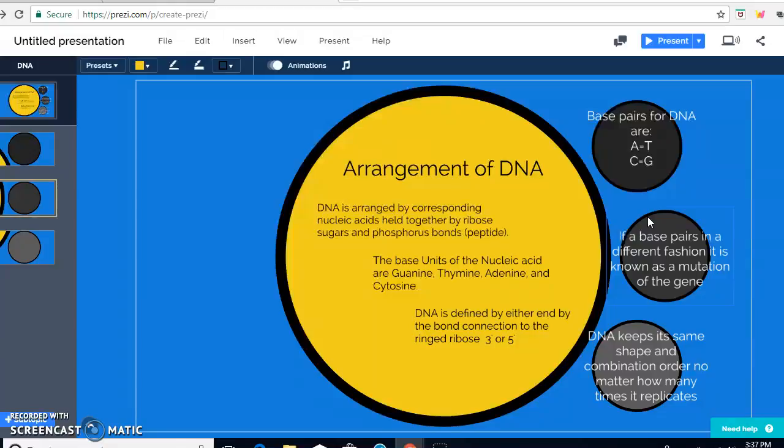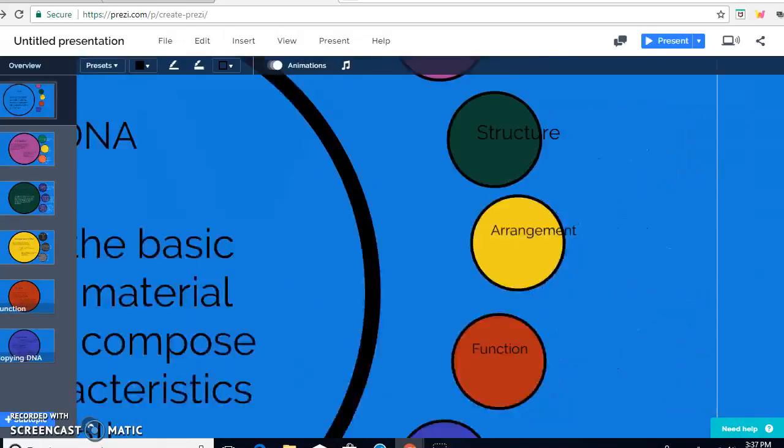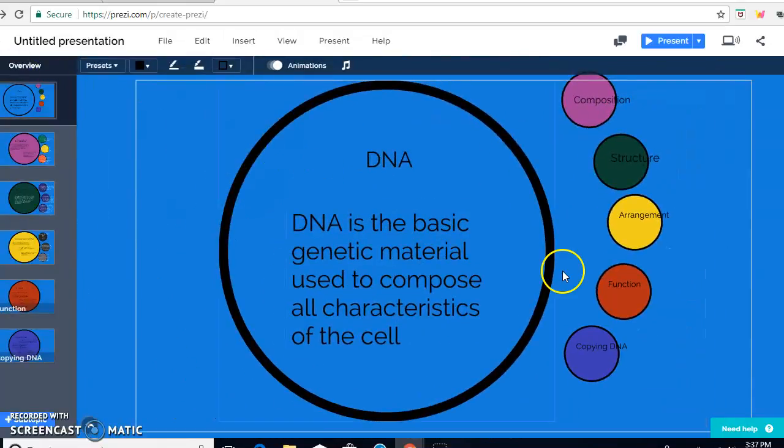Now, you need to know that it is important for mutations not to take place, and that most of the time they do not, but in rare occasions they do. And it is due to the way that it replicates. It basically breaks apart at the hydrogen bonds and allows for an exact copy between the two parent strands.